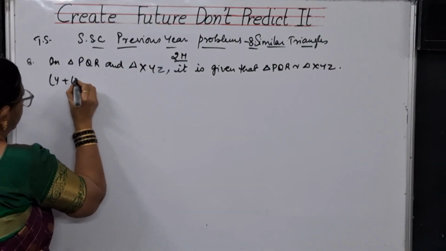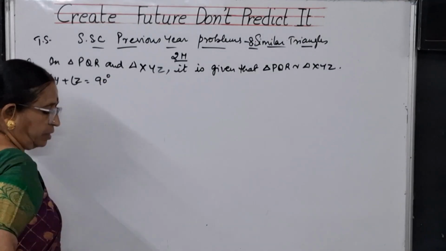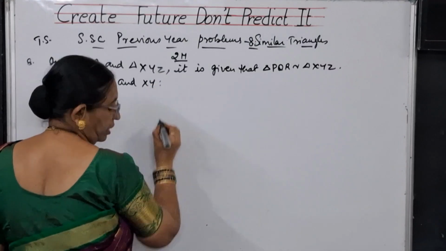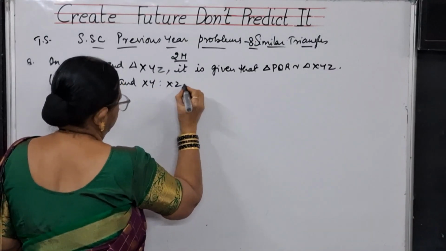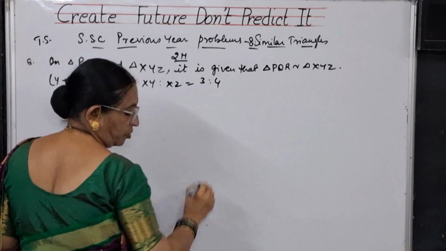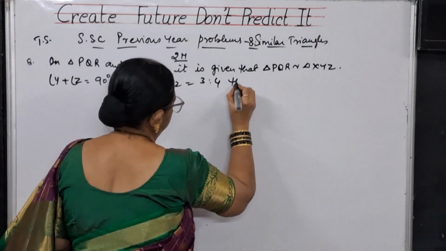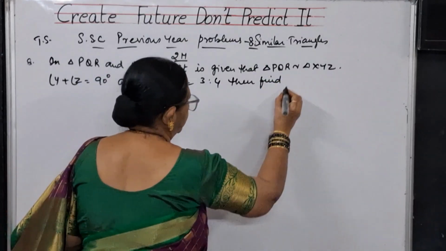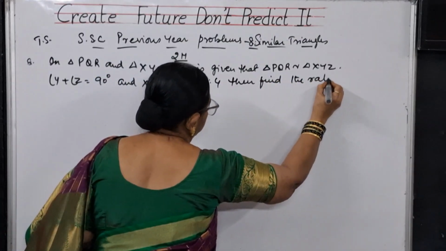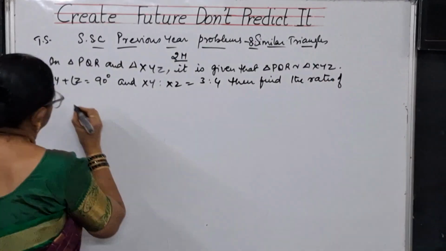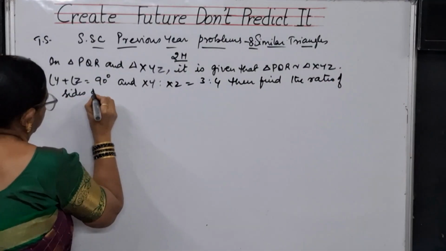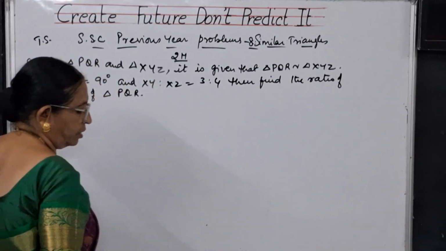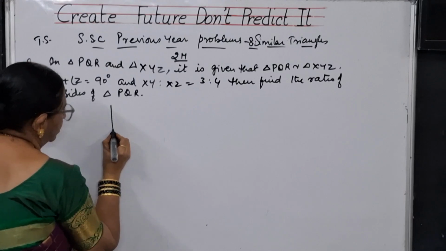Angle Y plus angle Z is equal to 90 degrees and XY is to XZ is equal to 3 is to 4. Then find the ratio of sides of triangle PQR. Okay, now you have got two triangles, children.